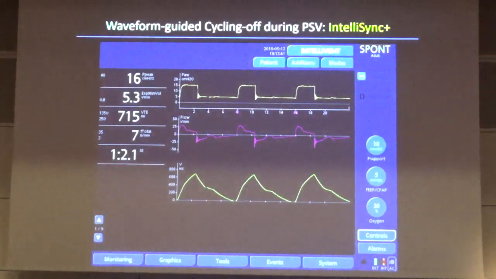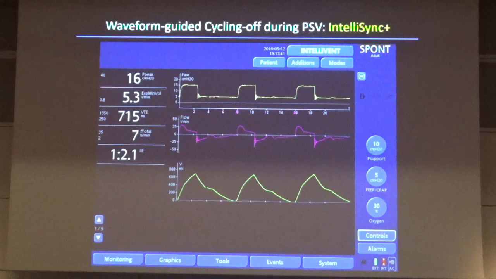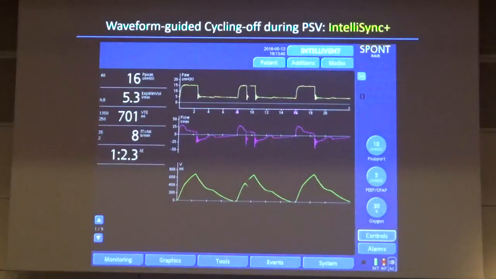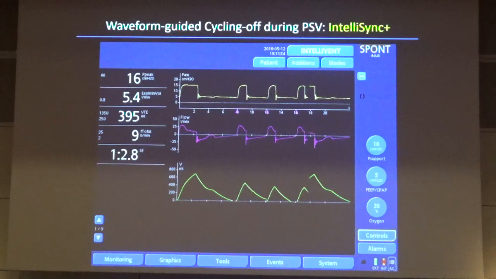Or, as an alternative, we can now ask the ventilator to do this by itself, because waveform-guided cycling-off systems are now available on mechanical ventilators, and if you switch on this function, the ventilator will open the expiratory valve as soon as this sudden change from fast to slow exponential decay of flow is detected. That means that our patient is already relaxed and wants to exhale.